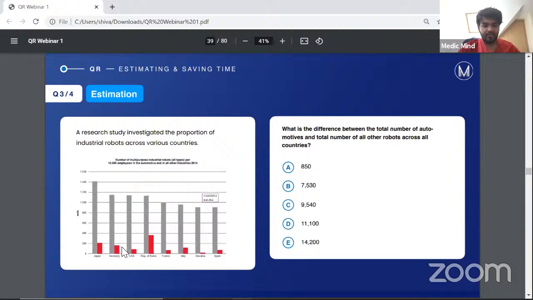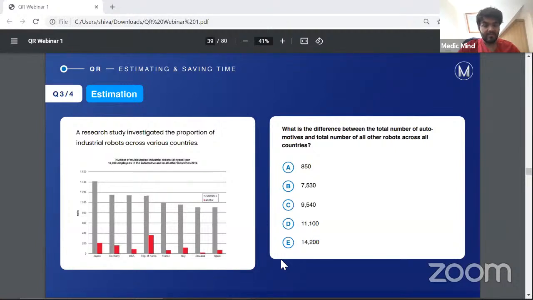If we draw a line at 200 and 1000, the difference is 800. We see there are 1, 2, 3, 4, 5, 6, 7, 8 countries shown here. So we have about 8 times 800, and that total comes out to roughly 6,400.